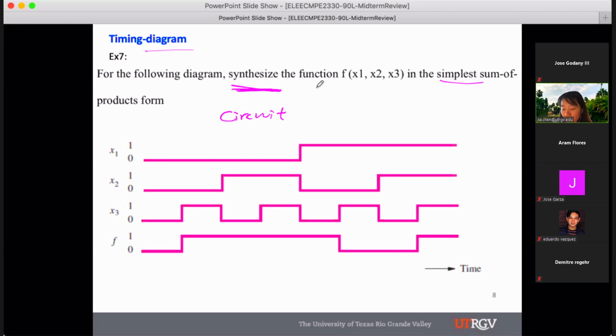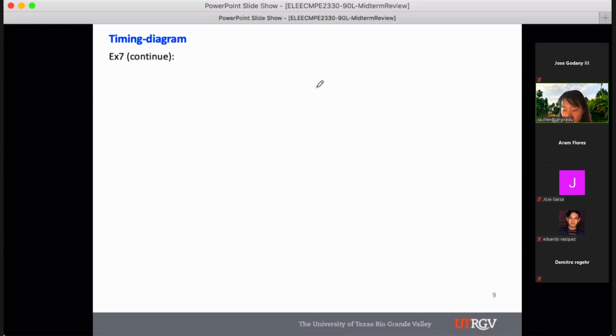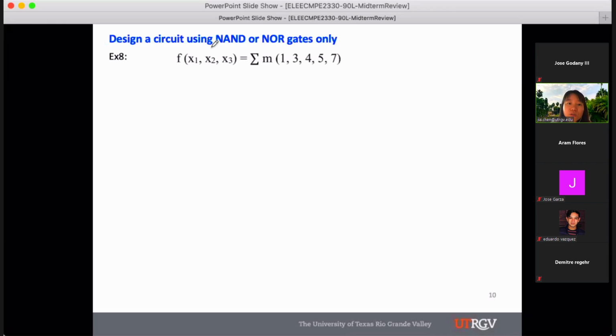Okay, now the last topic is to use only NAND and only NOR gates. With NAND gates only, you have to get the SOP, and with NOR gates only, you have to get POS. For example, how are we going to convert?